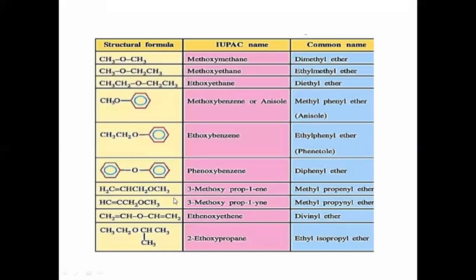The name is given here, 3-methoxyphenyl prop-1-yne. Similarly, CH3CH2O with an isopropyl group is 2-ethoxypropane, or ethyl isopropyl ether.